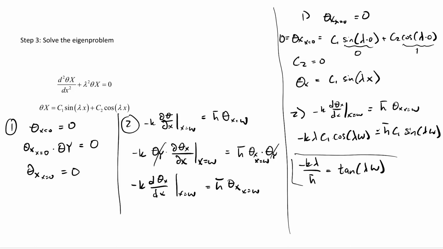Okay, so this thing here, we enforce the boundary conditions to be able to figure out what the lambda values are going to be, our eigenvalues. So this is our eigencondition. Eigencondition is the equation that you need to satisfy infinitely many times to get your lambda values out of it. So this is our eigencondition.